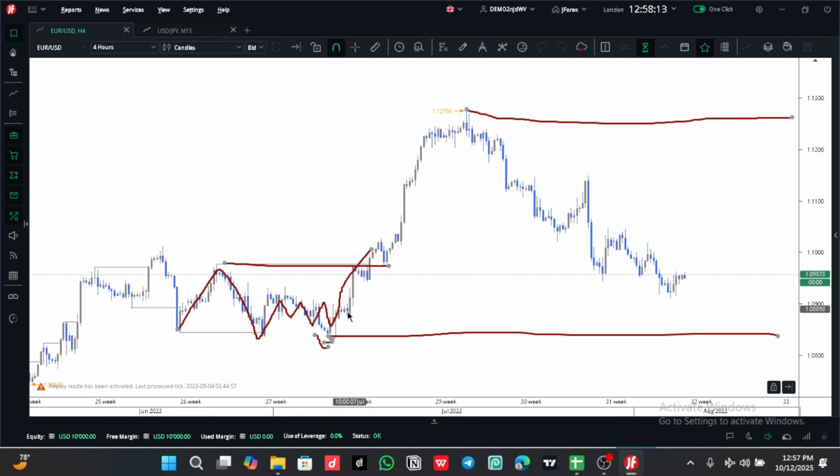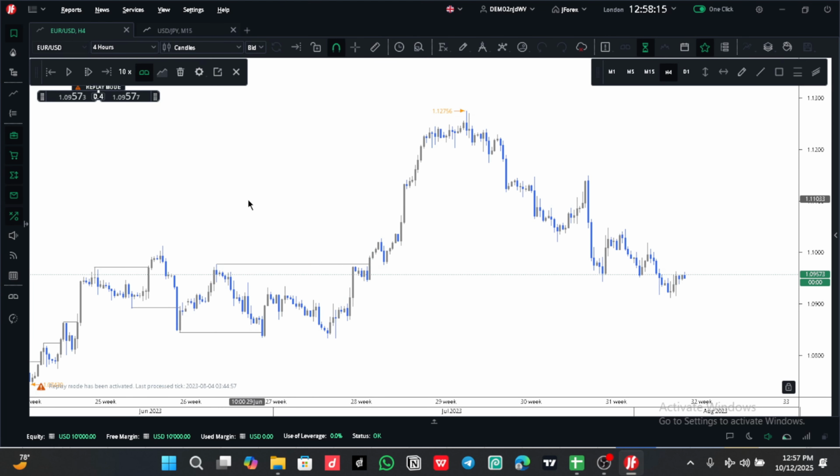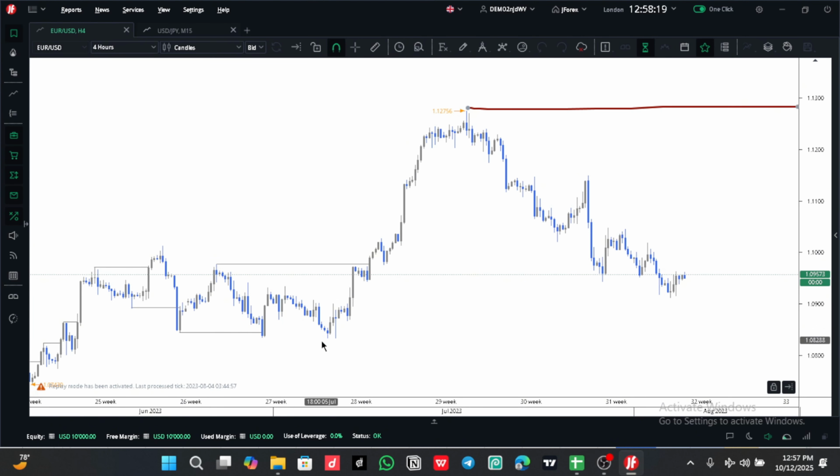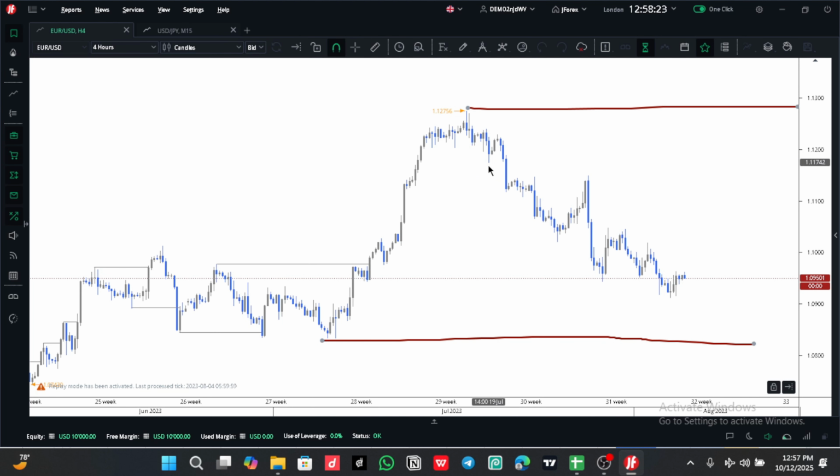So within this whole range, inside the range, you could see a tiny structure or an internal structure. You can see this internal structure. So this internal structure or this pullback could keep going like that.